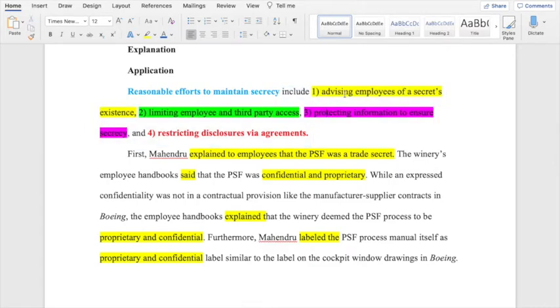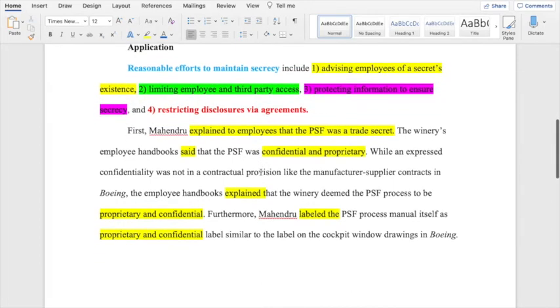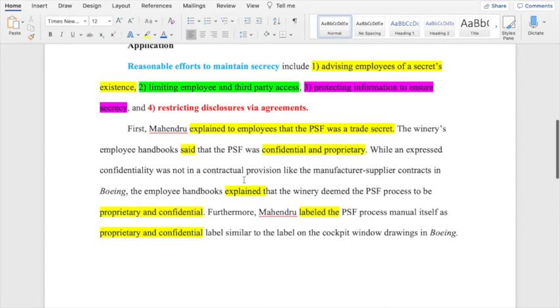So those are advising employees of the secret's existence, limiting employee and third-party access to the secret process or recipe or what have you, protecting the information to ensure secrecy, and restricting disclosures via agreement. All right, so this is the promise that the writer is making, and then we'll take a look at the example to see how the writer has delivered on that promise.